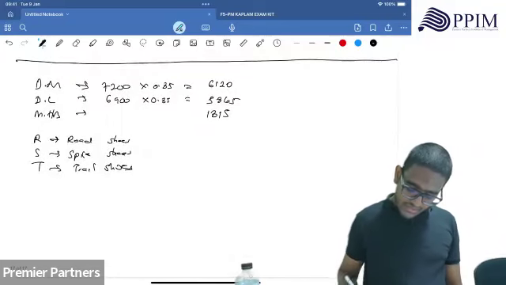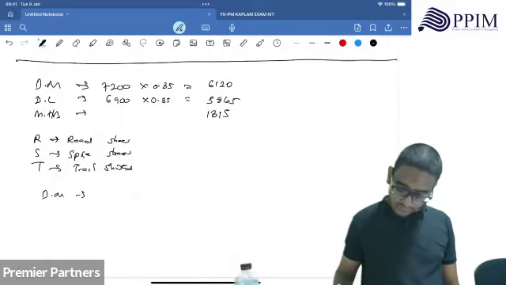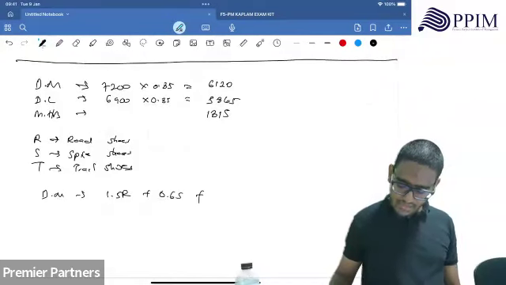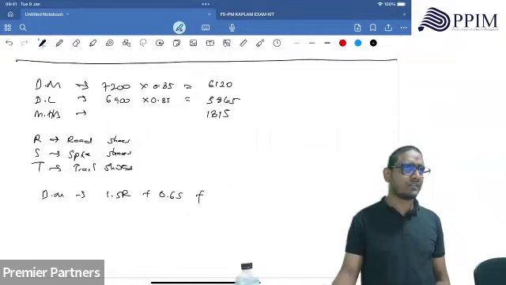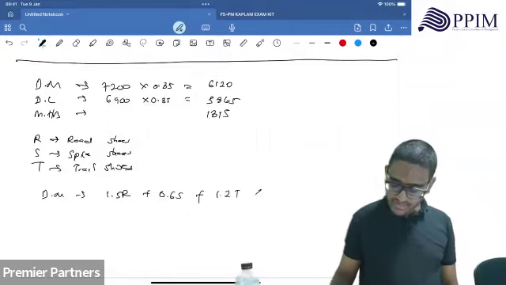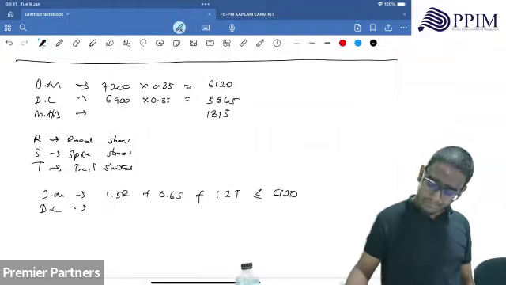So we'll do one for direct materials. So that is 1.5 R plus, if I remember, 0.6 S plus 1.2 T. This has to be less than or equal to 6,120. Direct labor. This is how many hours? 1 hour.